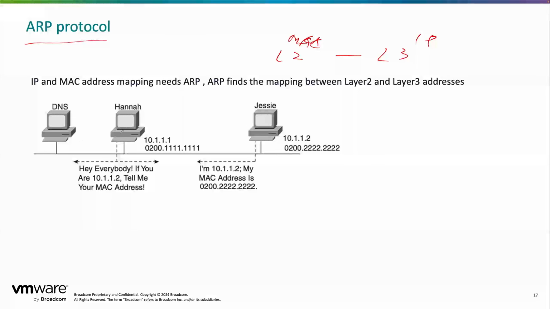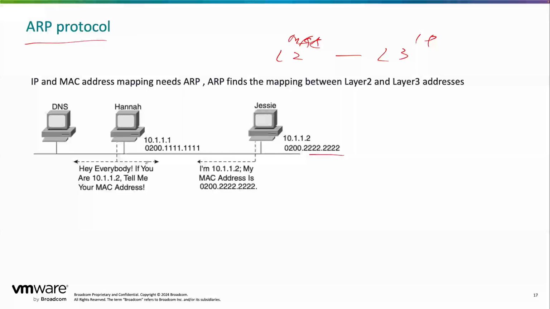So let's say here HANA wants to talk to Jesse, but it only knows its IP address, which is 10.1.1.2. HANA does not know Jesse's MAC address.